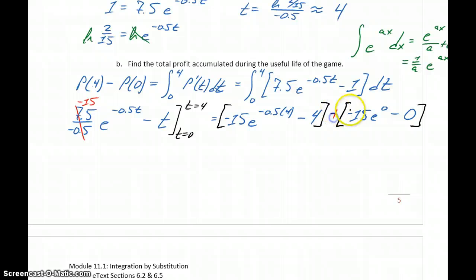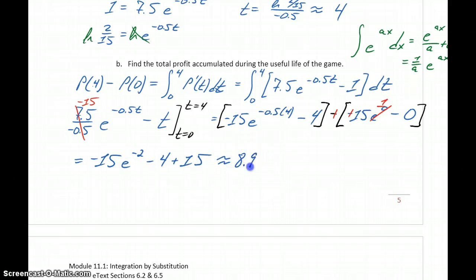And then again, distributing this negative through, that will become plus 15, and then e to the 0, anything to the 0 power is 1. So now we have negative 15 e to the negative 2, so negative 0.5 times 4 is negative 2, minus 4 plus 15, which is approximately 8.97.